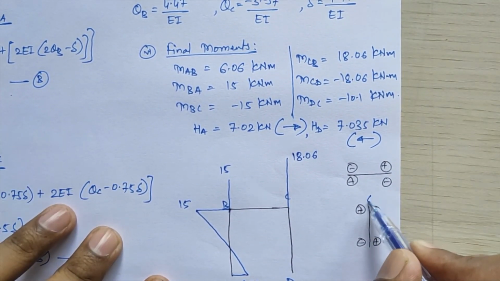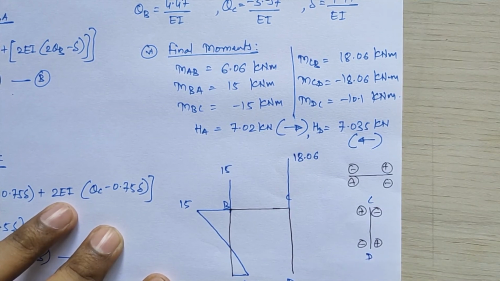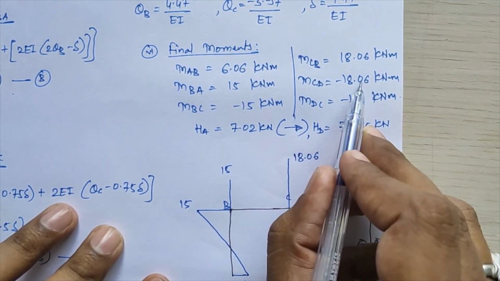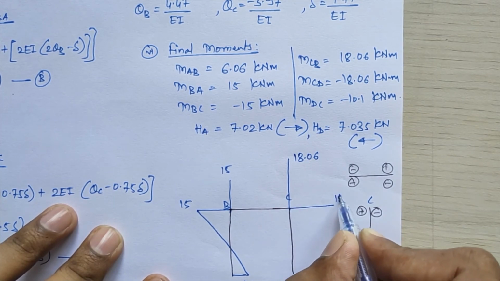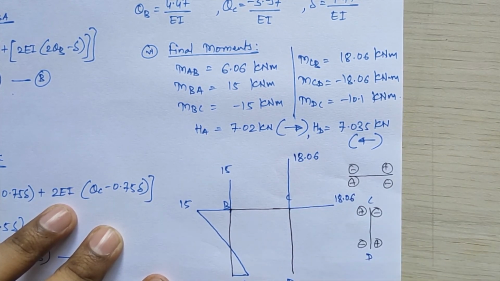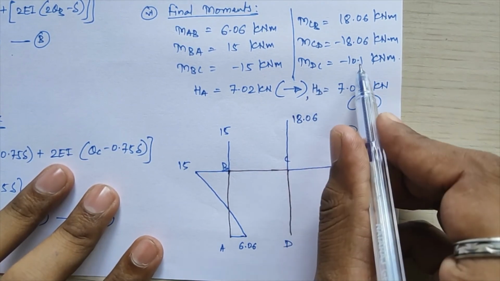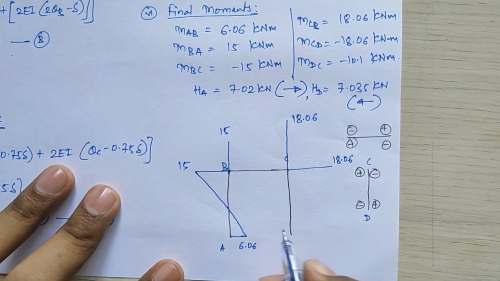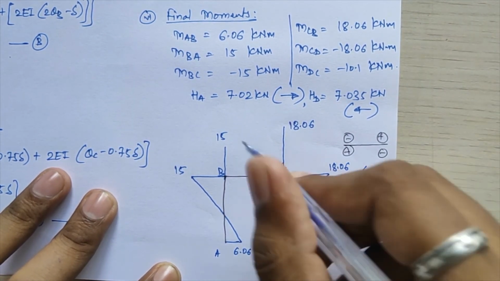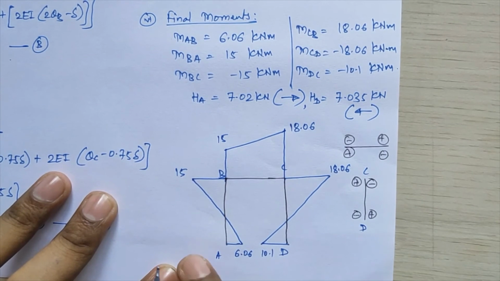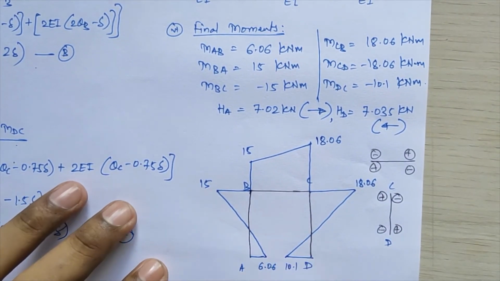Here you have C and here you have D, so MCD I am getting as minus 18.06, so it will again be on the outward side, 18.06. And the last moment you are getting as minus 10.1, so it will be on the internal side, here. You have to join this by a straight line, and this again by a straight line. These are your support moments.